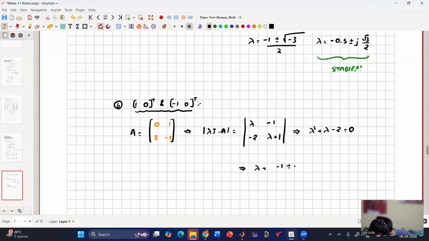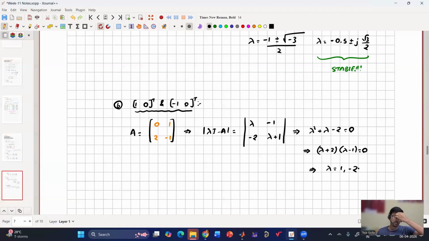So b square minus 4ac will be 7, or let us check. I think it is factorizable. My bad. So this can be written as lambda plus 2 into lambda minus 1 equals 0. Yeah, so it is factorizable. We'll get lambda equal to 1 comma minus 2.